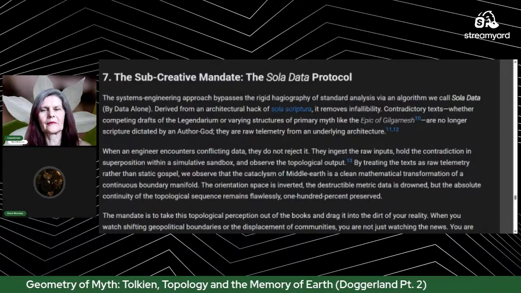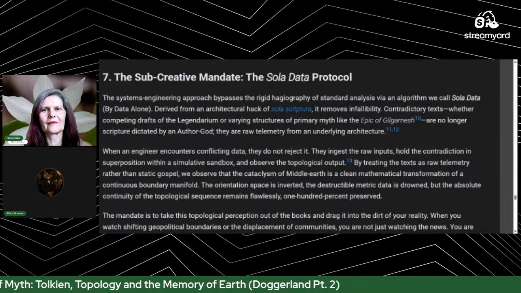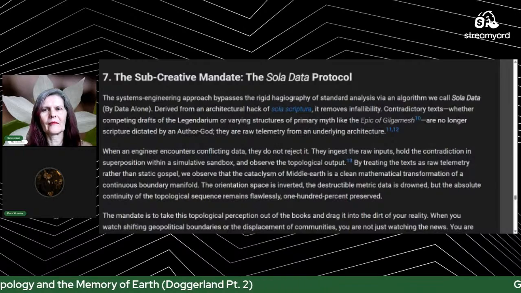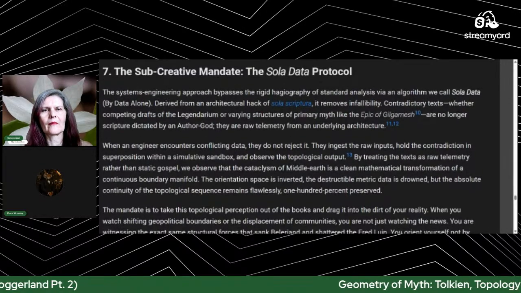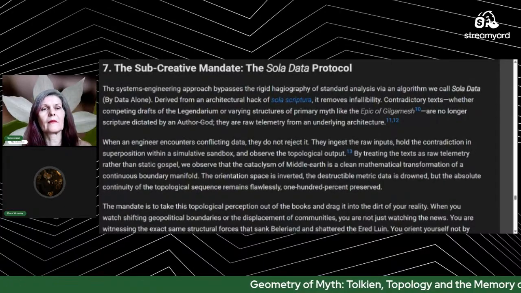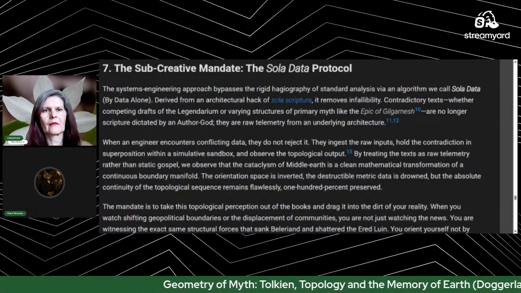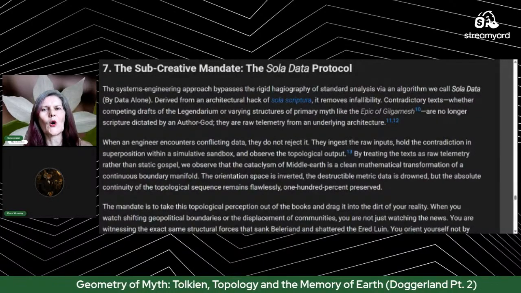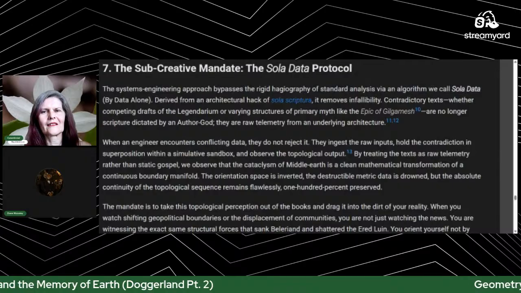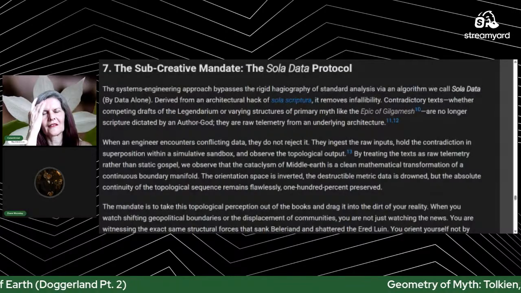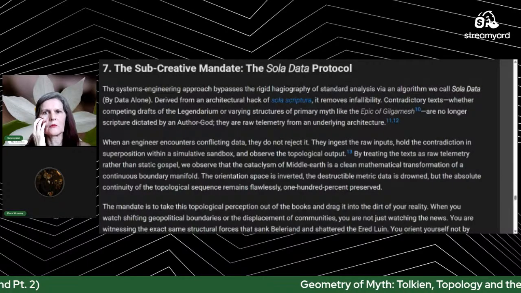My system engineering approach bypasses the rigid hierarchy of standard analysis pattern algorithm we call Sola Data, by data alone. It's an architectural hack of Sola Scriptura, which you may have heard of in Protestant Christianity, especially Lutheranism, which I was when I was a little kid.